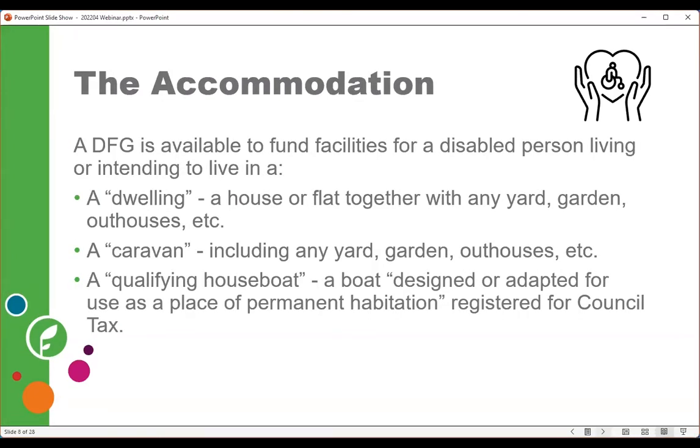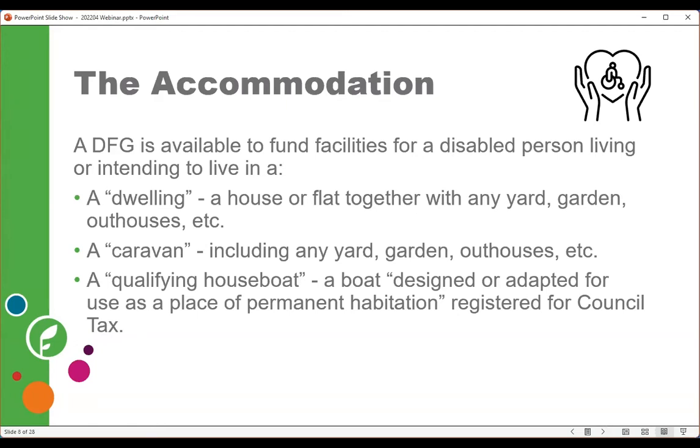So as well as a disabled person, they have to be living somewhere in some accommodation. And the intention is that the disabled person will be living in a dwelling, which would be a house or a flat, or a caravan. So I suppose house on wheels is basically the description on that.